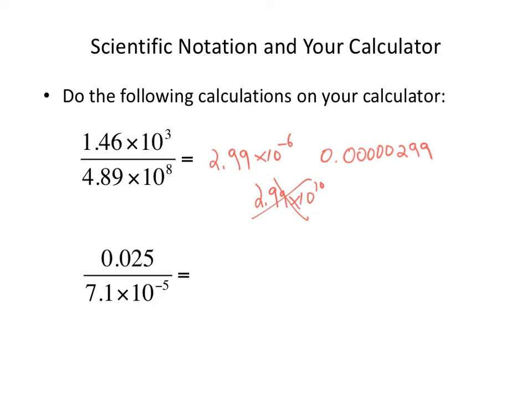So one way to get around that is, when you're dividing by a number in scientific notation, you just want to be sure to put it in parentheses. But there's an even better way. There's a scientific notation button on your calculator, and so then your calculator will know what you're talking about. It reduces mistakes, and it requires fewer buttons to press, so it's actually going to make you faster and more efficient.